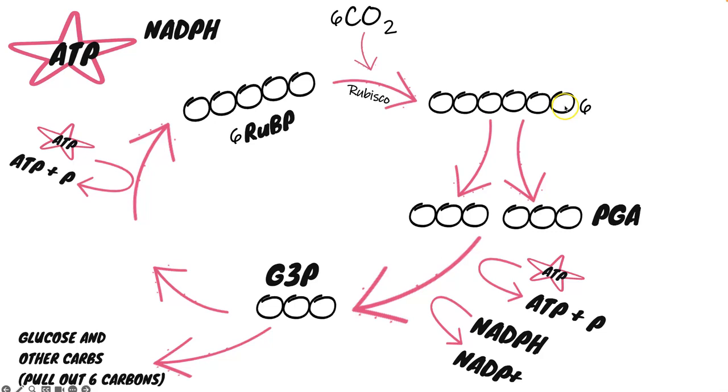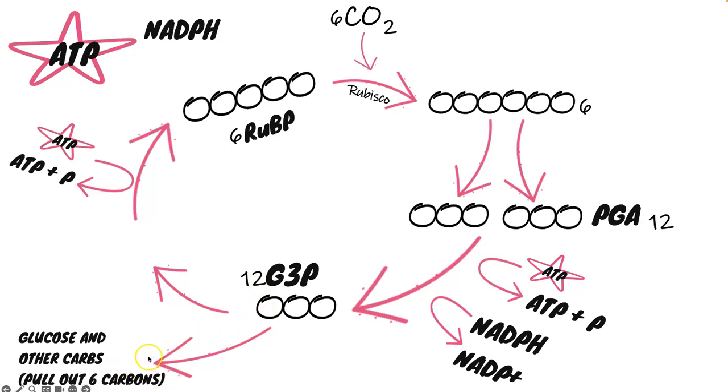That leads to 6 unstable 6-carbon molecules, which all immediately break in half, and we end up with 12 phosphoglyceraldehydes. Each one of these gets energy from ATP and NADPH. So we use 12 ATPs and 12 NADPHs, and we end up with 12 glyceraldehyde 3-phosphates.